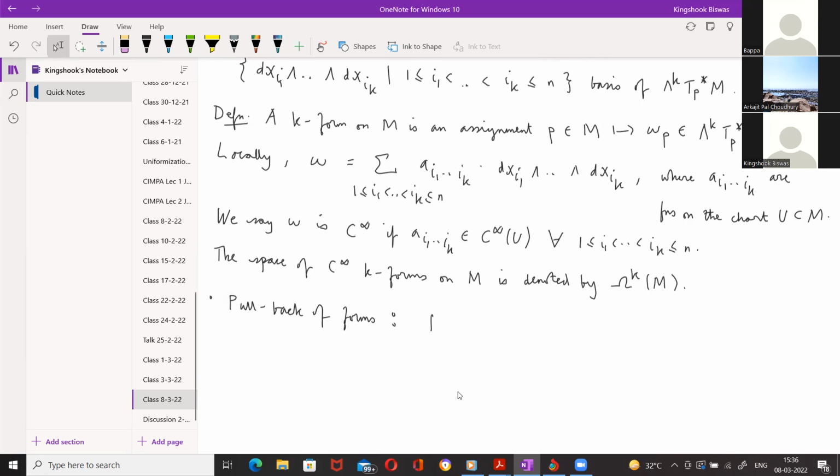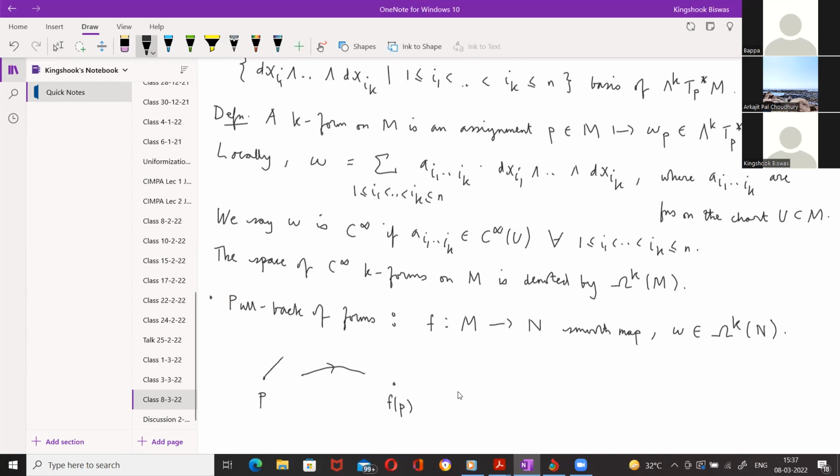So if F from M to N is a smooth map, and omega is a smooth form, a K form on N on the range, then you can define the pullback as a form on M, F star omega, as follows.